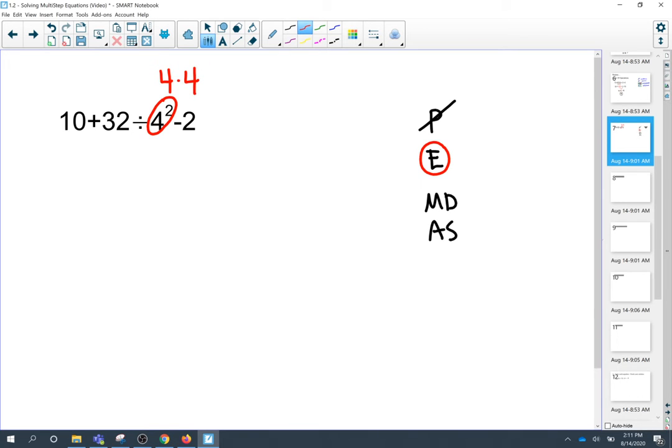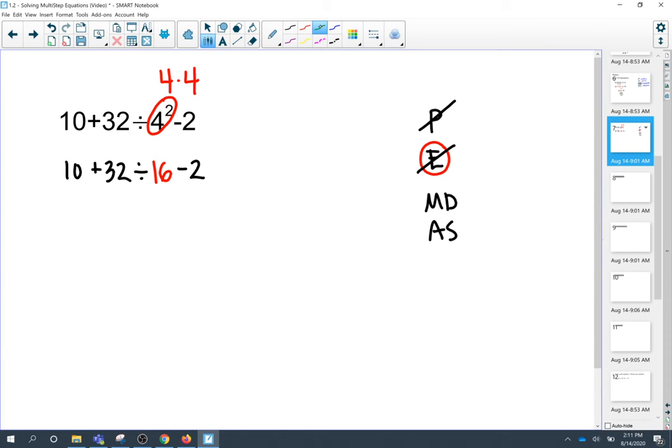There are 2 4s. 4 times 4 is 16. Then I drop down the -2, I drop down the 10 plus 32, and I drop down the division sign. The only thing I dealt with was what I circled in red. Exponents, gone.